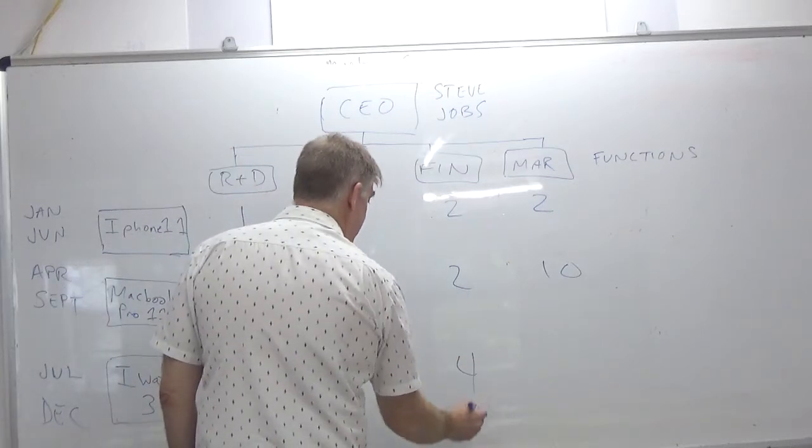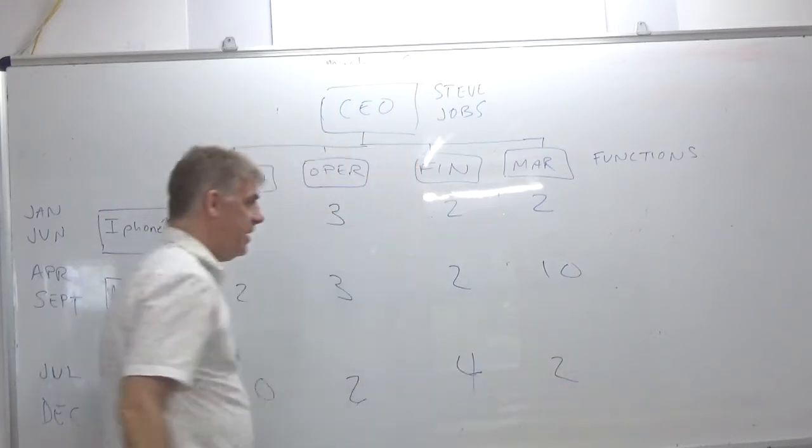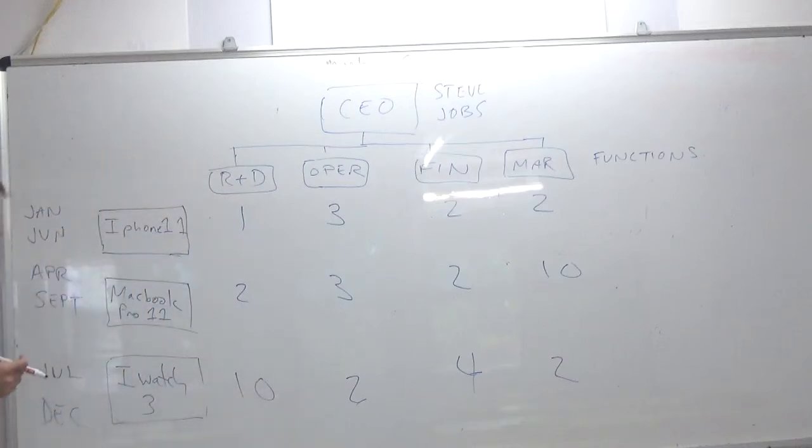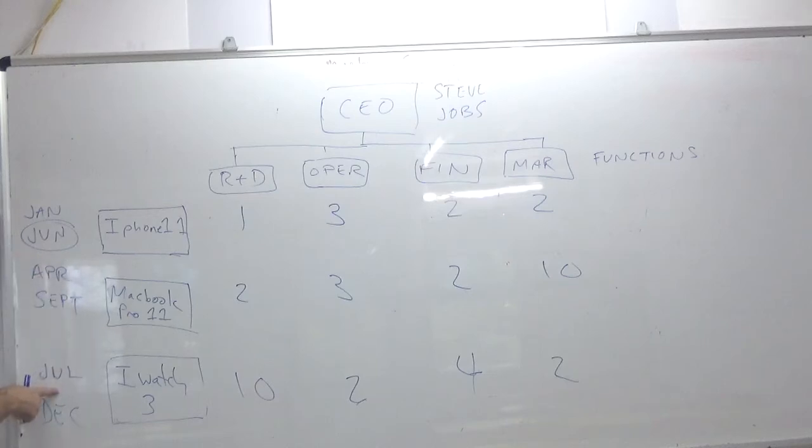We need quite a few finance people to try to figure out what's going on, and a few marketing people to help out and look at how they might sell this new iWatch better than the last one. This product was released in June, so this project is over. It's July. This one is finished, mostly, right? This one is starting, this one is finished.